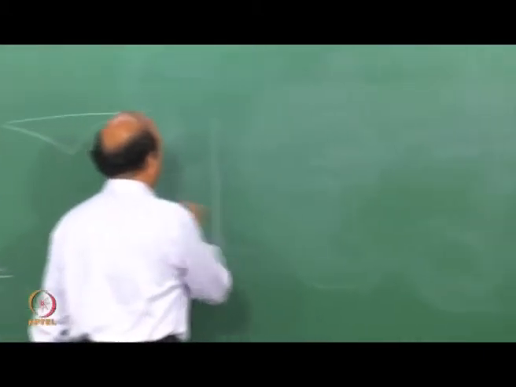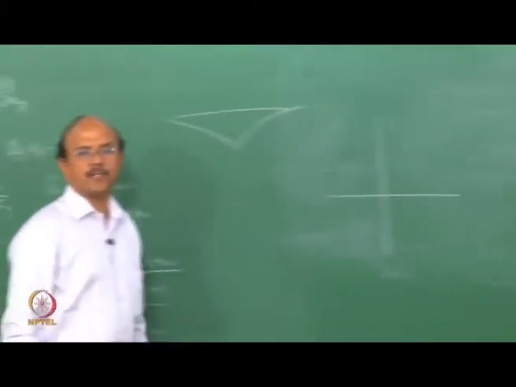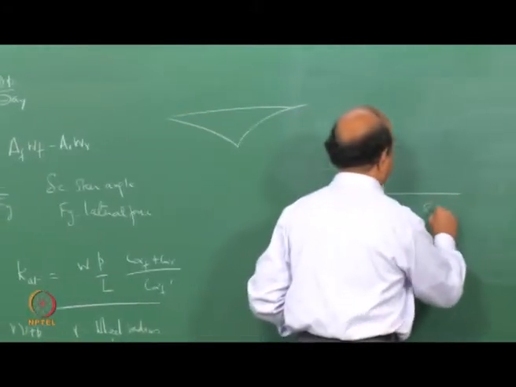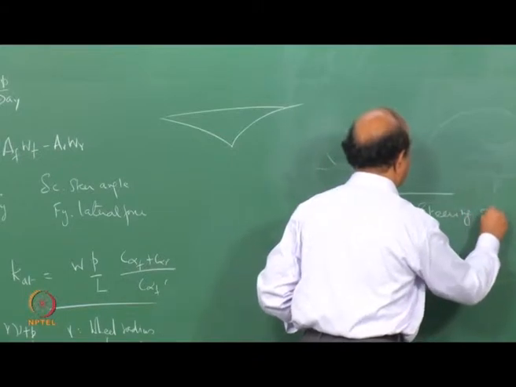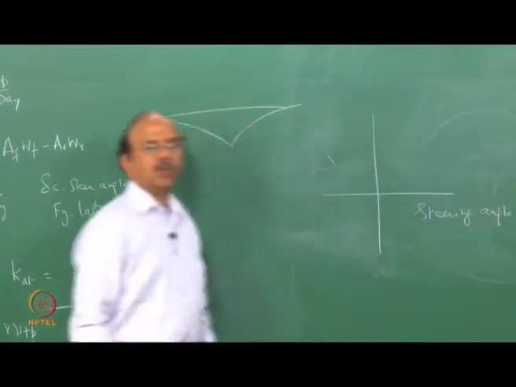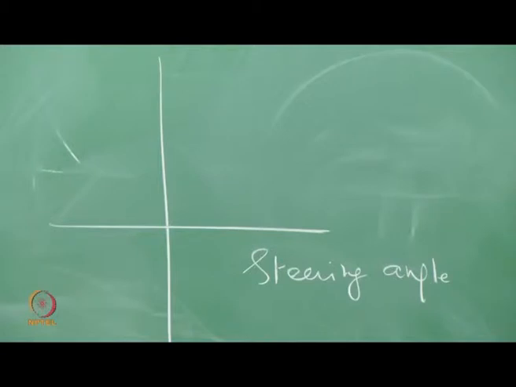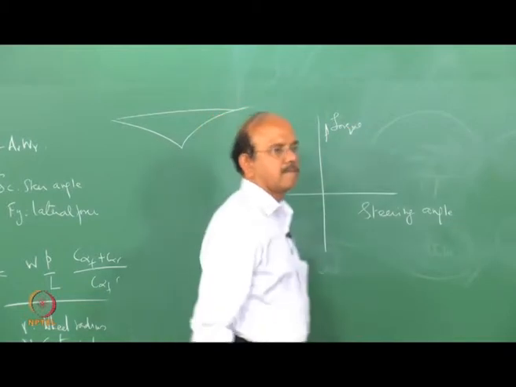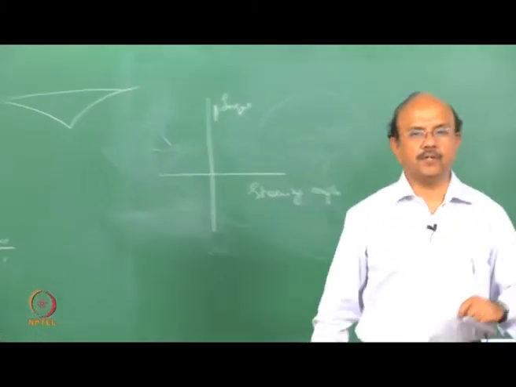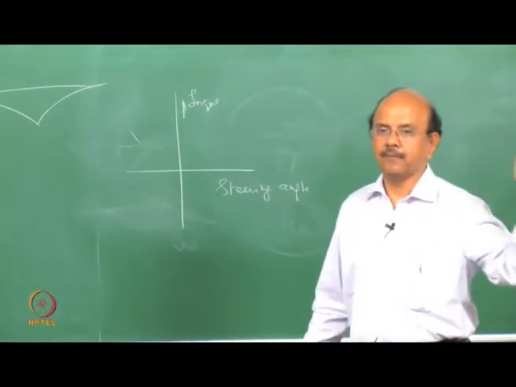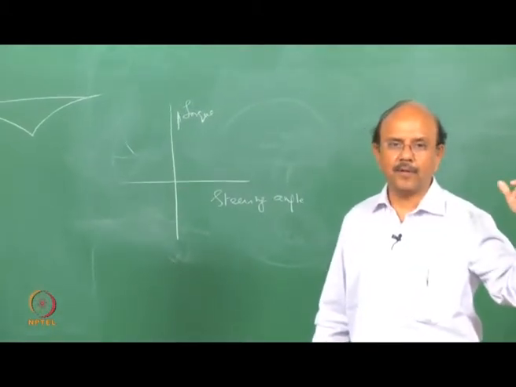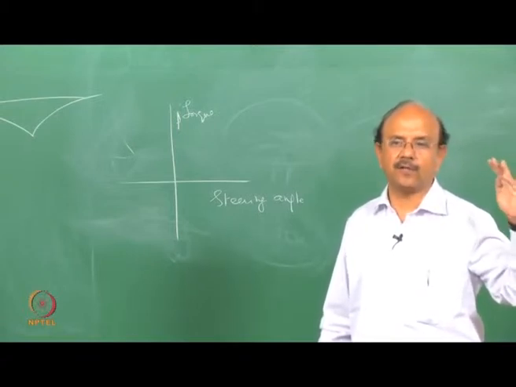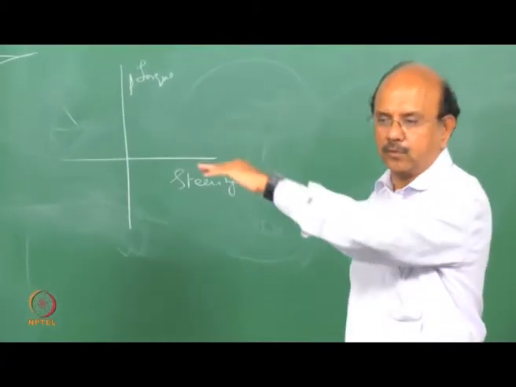So now, if I plot, say for example, steering angle versus the torque, steering torque, whatever we are talking about is evaluating a car, assuming that you are not going to drive at 30 kilometers per hour in these crowded roads.